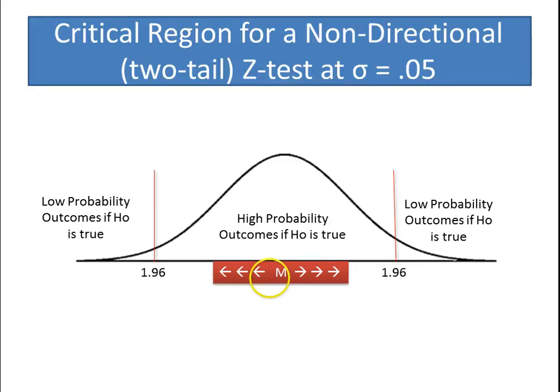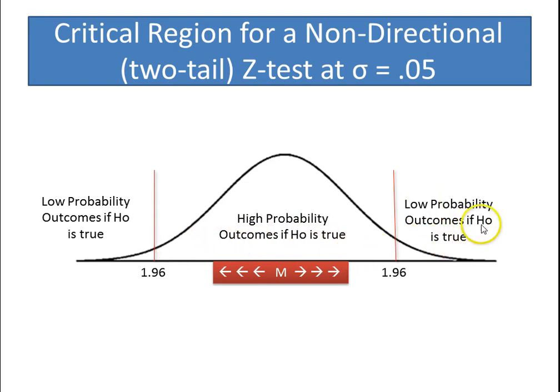The idea would be, again, that we set a critical region based on testing the null hypothesis. We are testing that the touch will not have an effect on weight. And so we are saying that if the touch does not have an effect on weight, there is a very high probability that our analysis is going to land here.